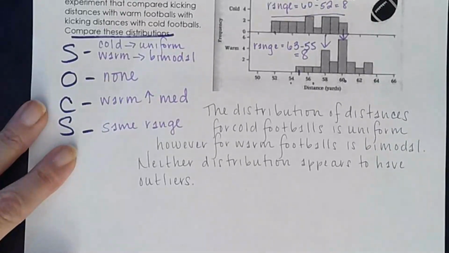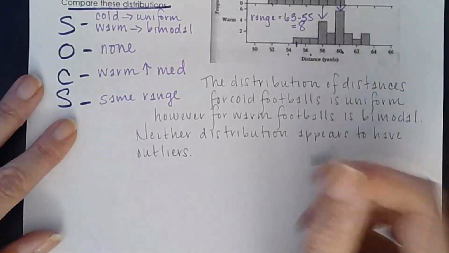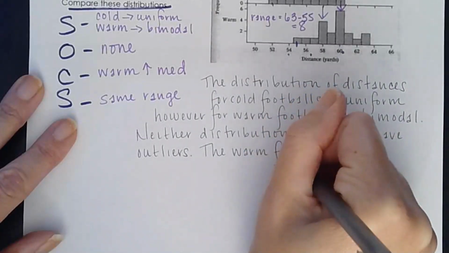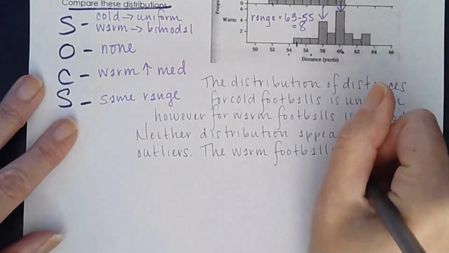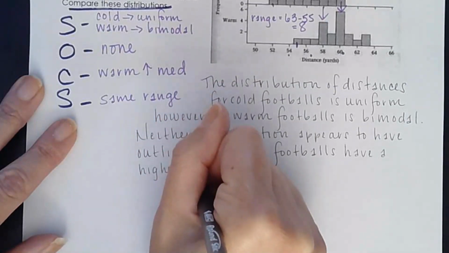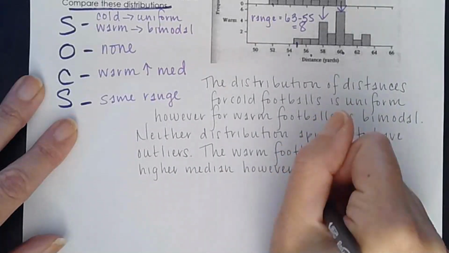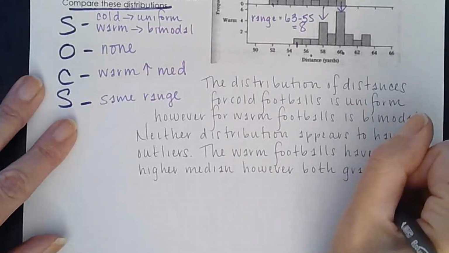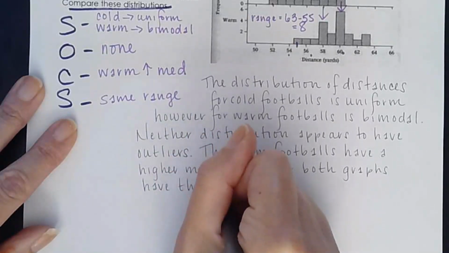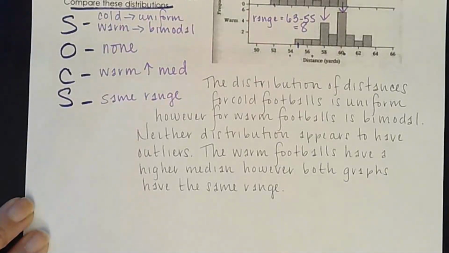And the warm footballs have a higher median, however, both graphs have the same range. Okay. And that's topic 4.